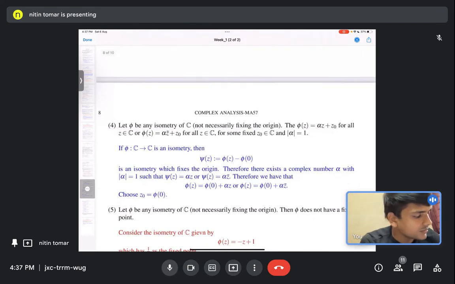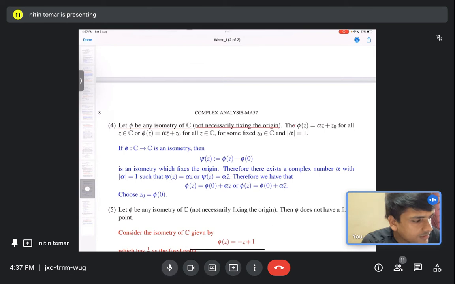Now the fourth option is about characterizing all the isometries of C. We have characterized every isometry of C which fixes the origin, right? Now what about an isometry of C which need not fix the origin? Let phi be an isometry of the complex plane, not necessarily fixing the origin.